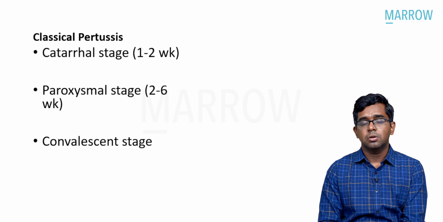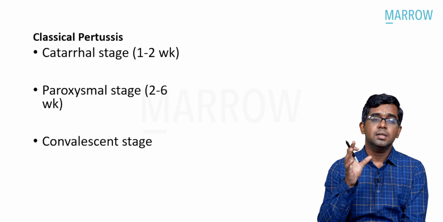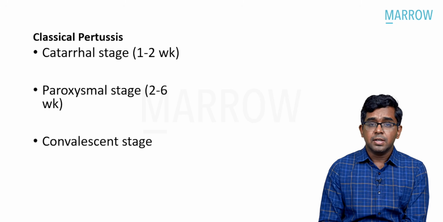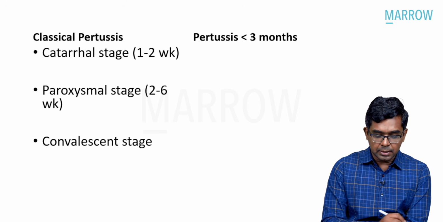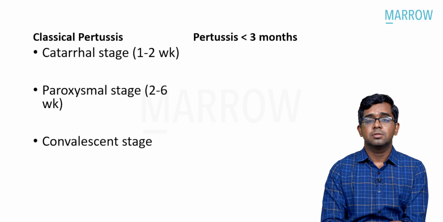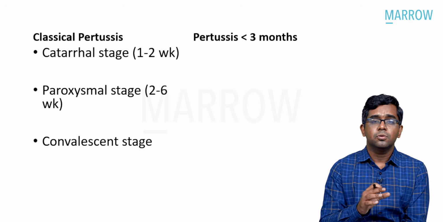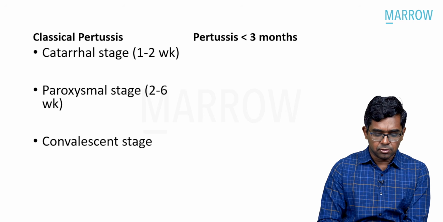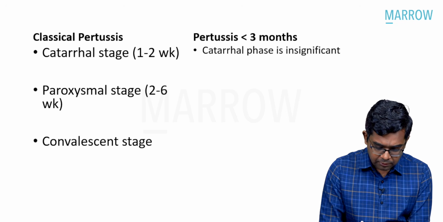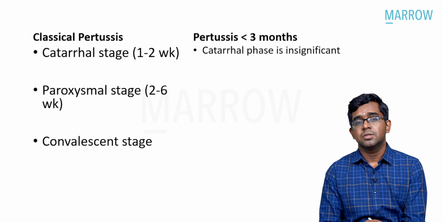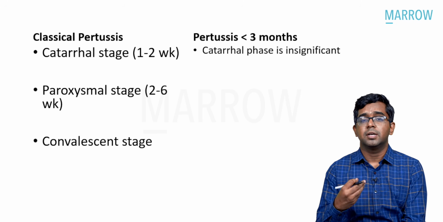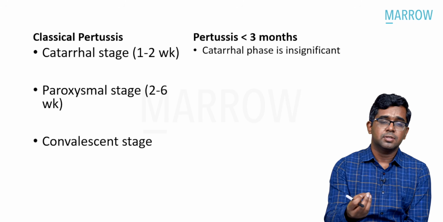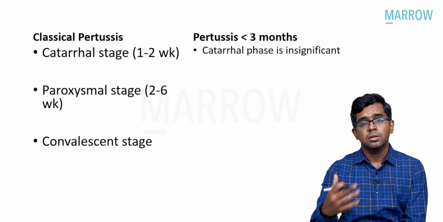That is what we know about, and this is something which occurs in an older child. But whenever pertussis occurs in a young child, less than 3 months of age, it follows an entirely different course. For example, the first stage, the catarrhal stage, is usually not noticeable or is insignificant. The child may have just a mild fever or not even fever.